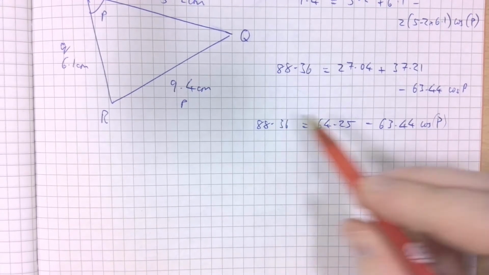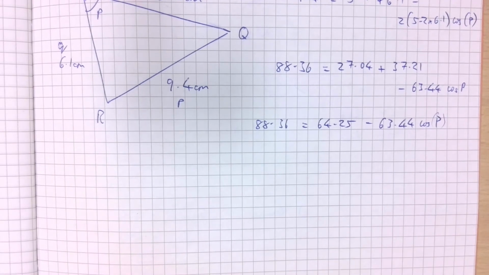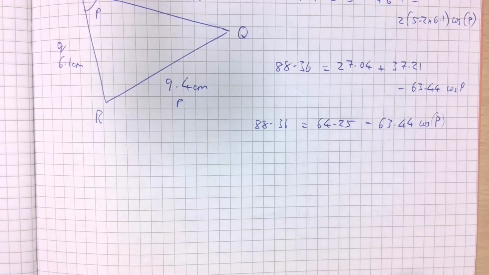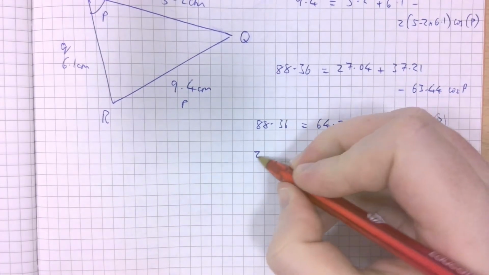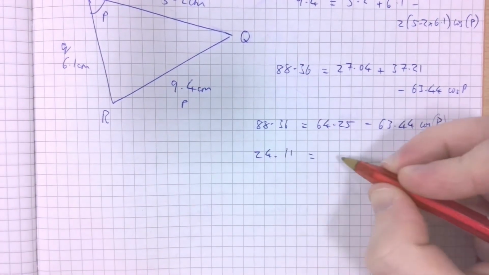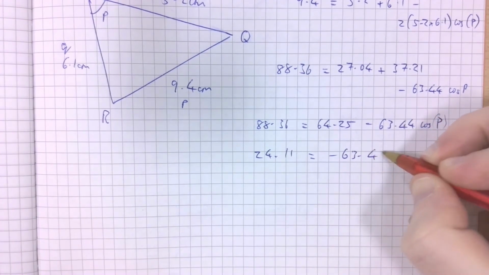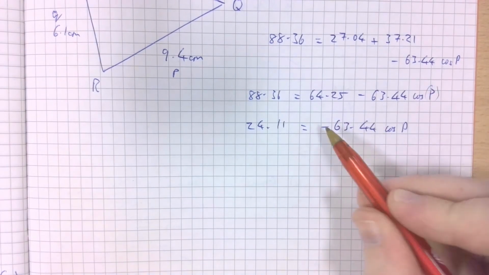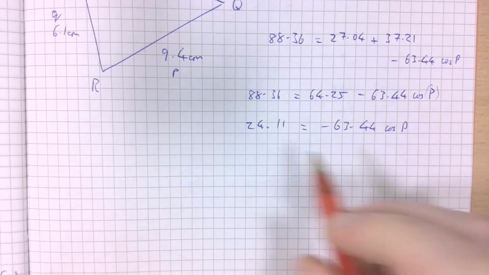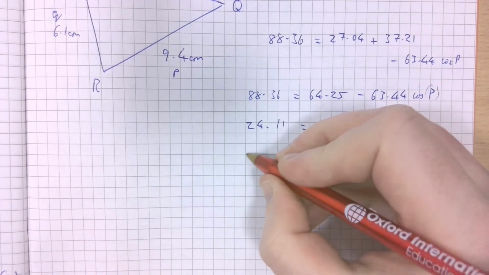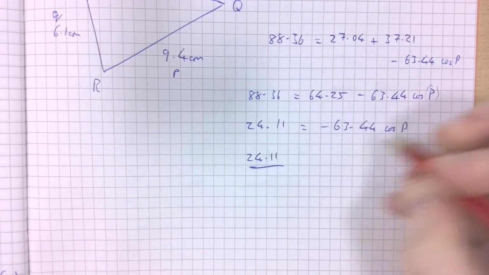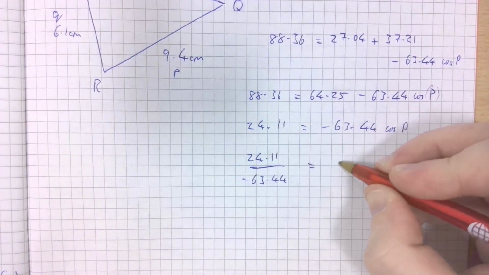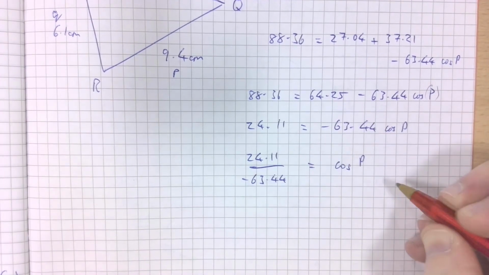Good place to start, take away 64.25 from both sides. So 88.36 minus 64.25 makes 24.11 equals negative 63.44 cos of P. Cos of P is being multiplied by negative 63.44, so if I divide both sides by that, I end up with 24.11 over negative 63.44 equals the cos of angle P.